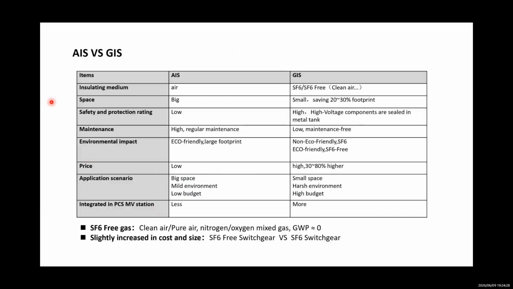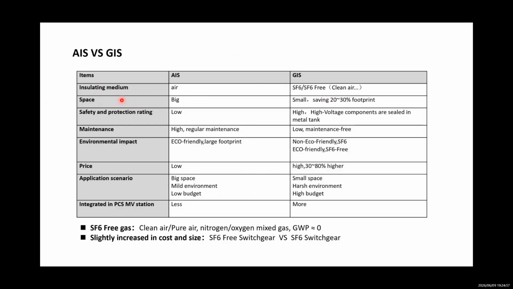Okay, these are some comparisons between AIS and GIS. First, this is the biggest difference: insulating medium. AIS uses air, while GIS uses SF6 or SF6-free gas, for example clean air, pure air or dry air.